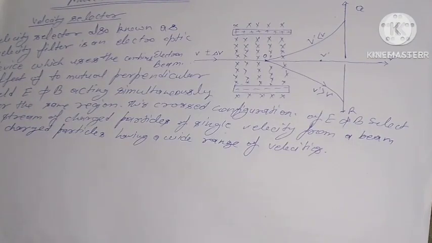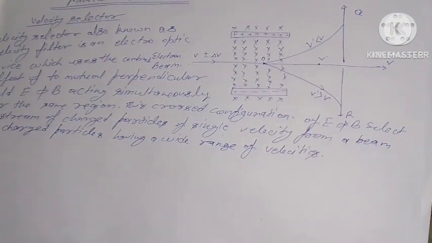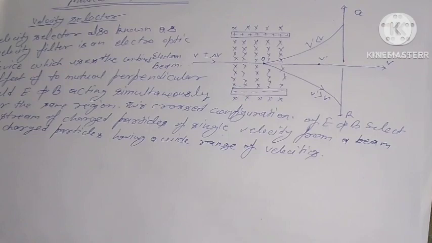Velocity selector, also known as velocity filter, is an electro-optic device which uses the combined effect of two mutually perpendicular fields E and B acting simultaneously over the same region. This crossed configuration of electric field and magnetic field selects a stream of charged particles of a single velocity from a beam of charged particles having a wide range of velocities.